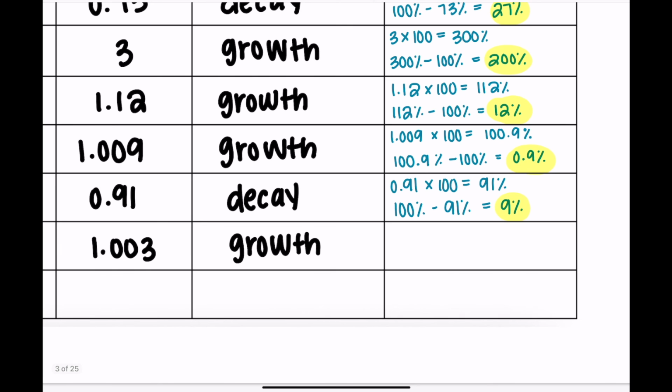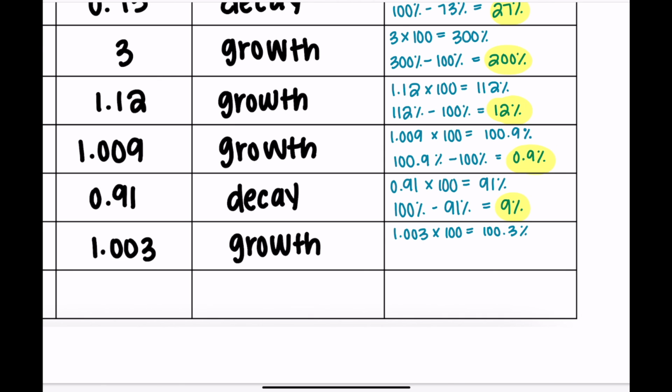And to find how much it's growing by as a percentage, we're still going to use that same process. Take our base, 1.003, times 100 to turn that base into a percent. So that would be 100.3%.